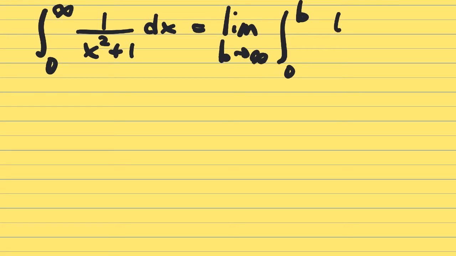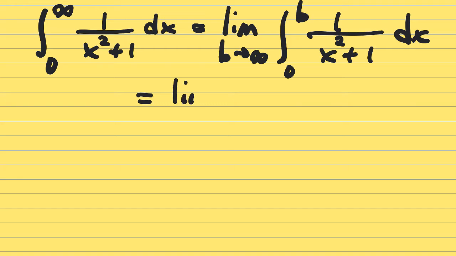Just trade it out just like that. Okay, so that's our special antiderivative, arctangent, tan inverse, whichever way you prefer to write it. I'm going to write tan inverse just for brevity and to save a little bit of room.